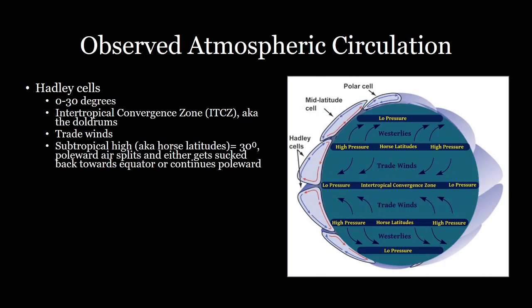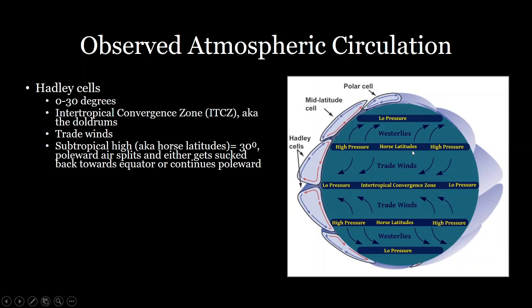On the more poleward end of the Hadley cells, you have what's called the Subtropical High. As that air moves in the upper atmosphere, it eventually comes down, and that downward movement of air causes a high pressure system, and that latitude is called the Subtropical High.